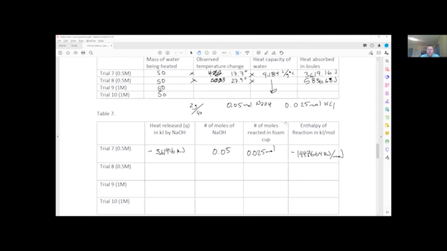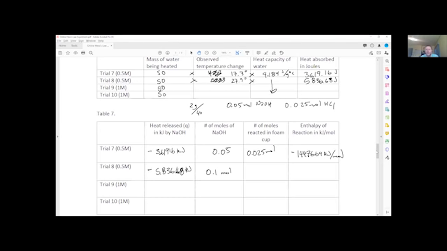Now, I want to go ahead and fill in the remainder of this table so far. So that's negative 5.83668 kilojoules. Number of moles of sodium hydroxide: this is 4 grams, and that would be 0.1 moles.